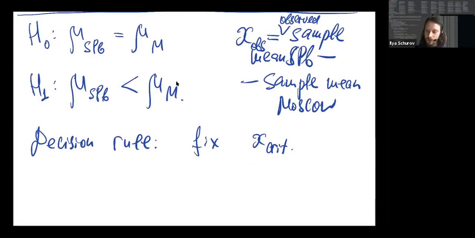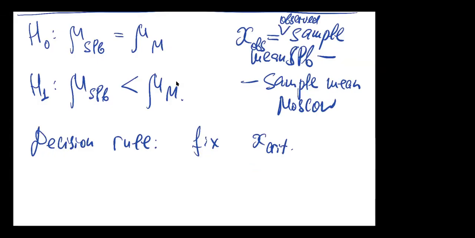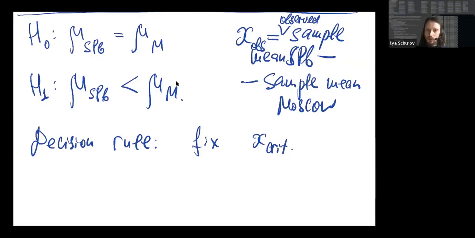I put X critical to the left of 0. And how does the decision rule work? If my alternative is like this, then evidence in favor of this alternative is not a very large X observed.